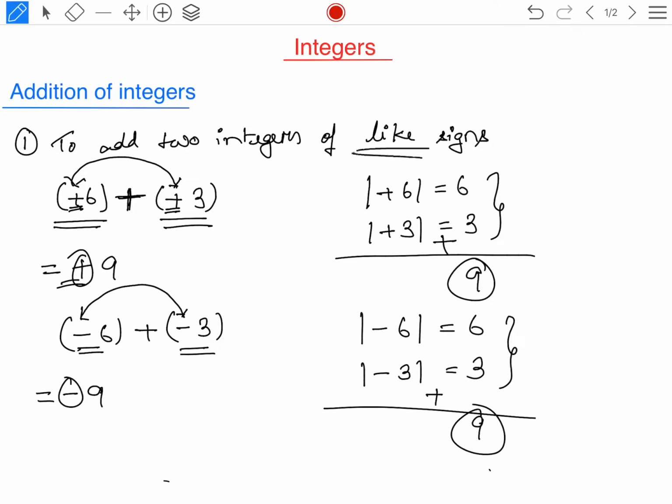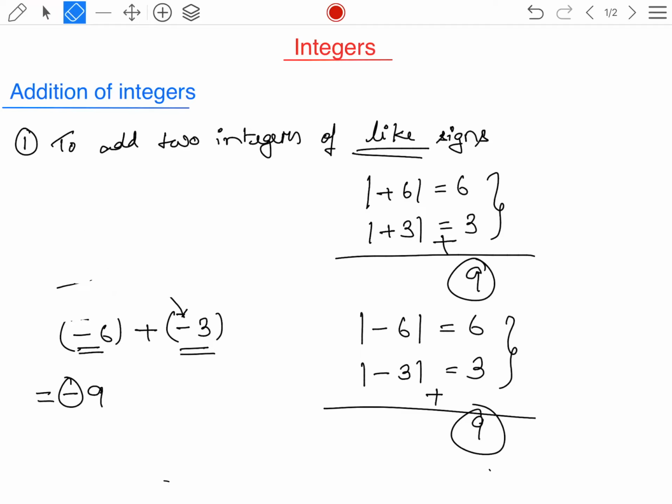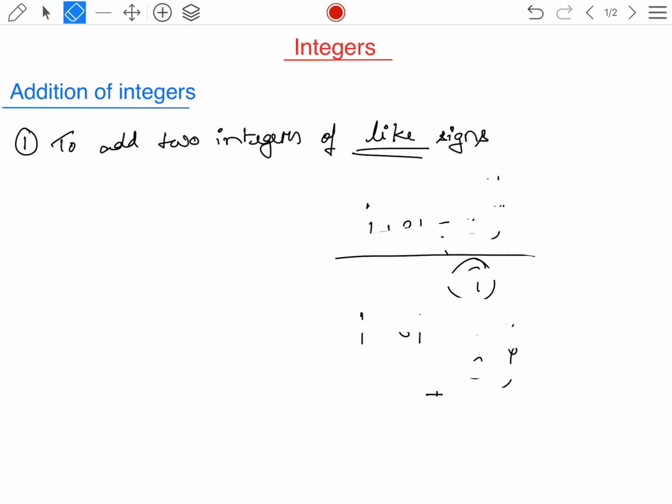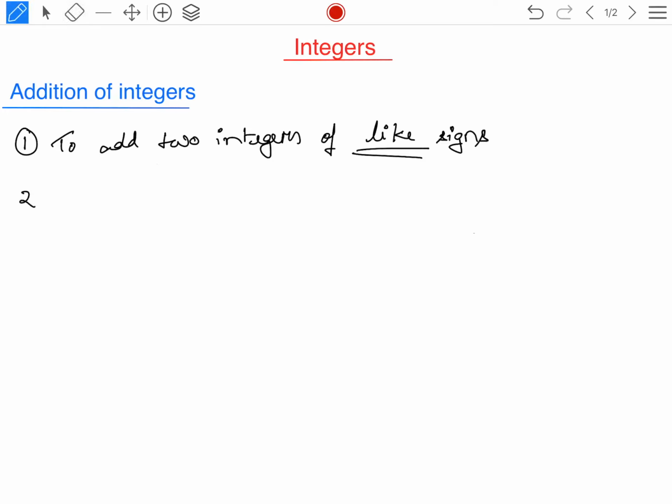And the second rule is for unlike signs. Now in case of unlike signs, what will we do? Let me give you some examples. The second rule is to add two integers of unlike signs.